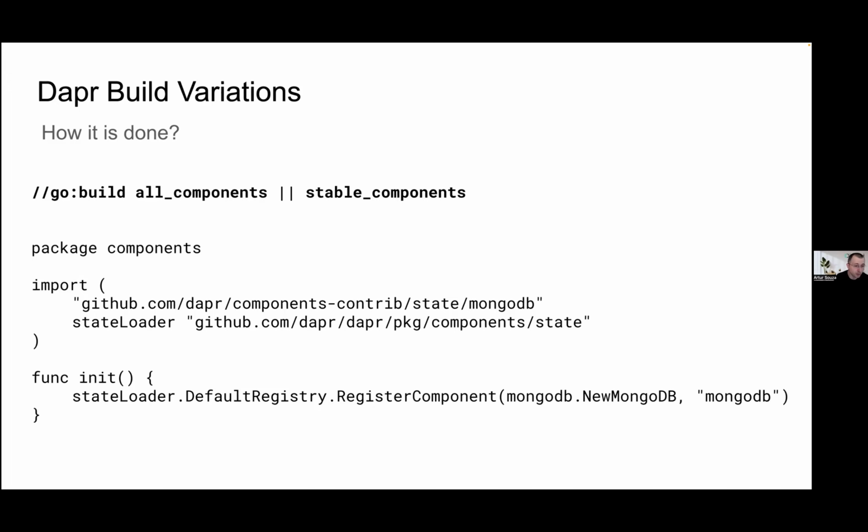In this example, we have all_components, which all components must have, and we have stable_components. And as you might have guessed, there's nothing stopping us from adding more build variations. It also allows people that want their own custom build to use this to make one for themselves, if they want a very customized variation.